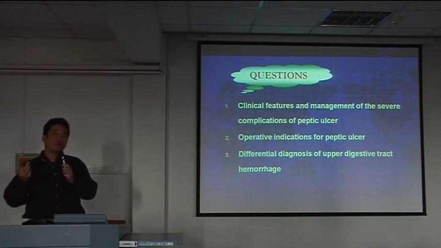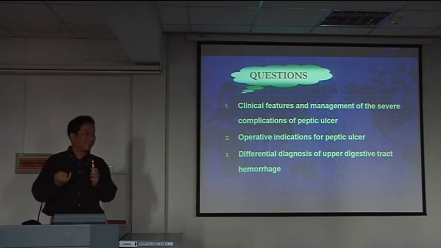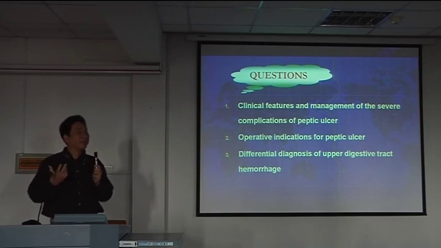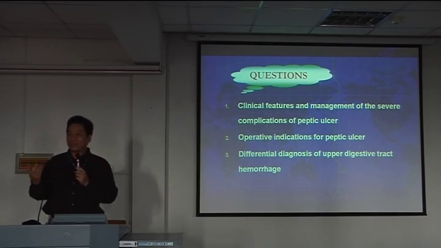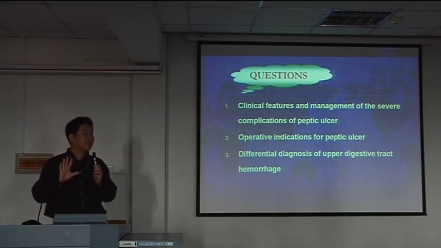Perforation, hemorrhage, obstruction, stress ulcer, Zollinger-Ellison syndrome, and the medicine having no effect on the patient. So totally we have 7 indications for peptic ulcers. All of you understand it? Yes, okay.